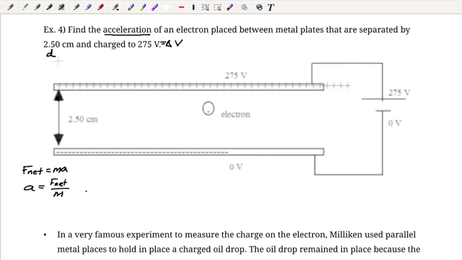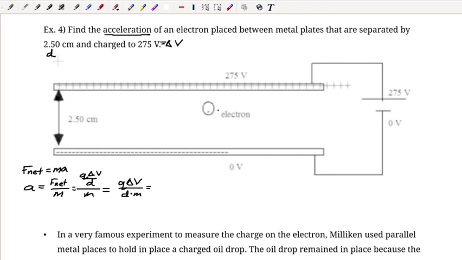So my net force in this case is going to be my electric force, and that's because of the charge difference between the two plates. So I'm going to use that equation that I found on the previous page that says F net is going to be Q delta V over D, and all that's divided by m. Or I can simplify that to be Q delta V over D times m, since both of them are dividing. Then it's just up to here. I need to plug in the information that I know.